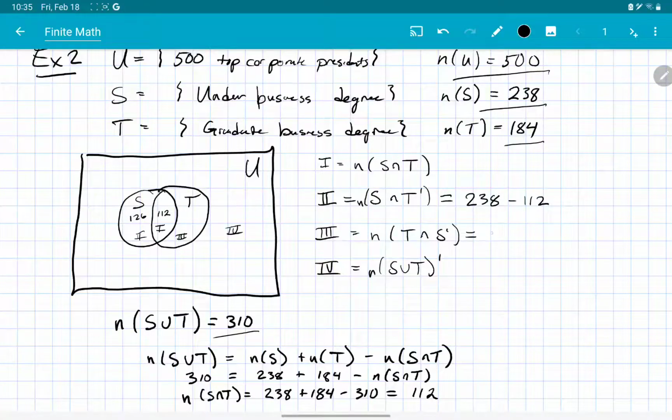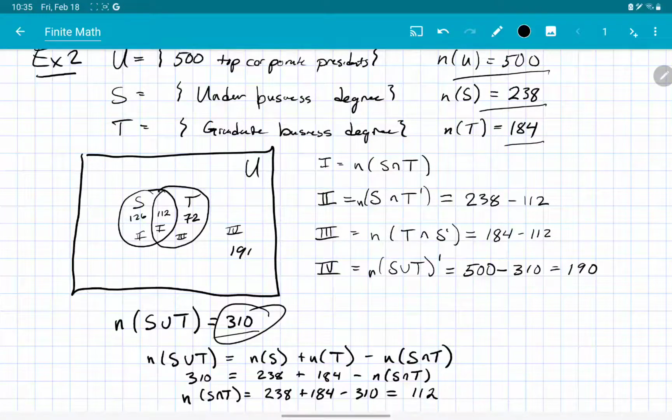Similarly, for region 3, I can take 184 and subtract 112. That leaves me with 72 in that region. And then the 4th region is the total 500 minus S union T, which we were given as 310. So this is 190. So region 4 is 190. So we are given some of the information, not all of it, and then we have to go back and piece together what the other things are.